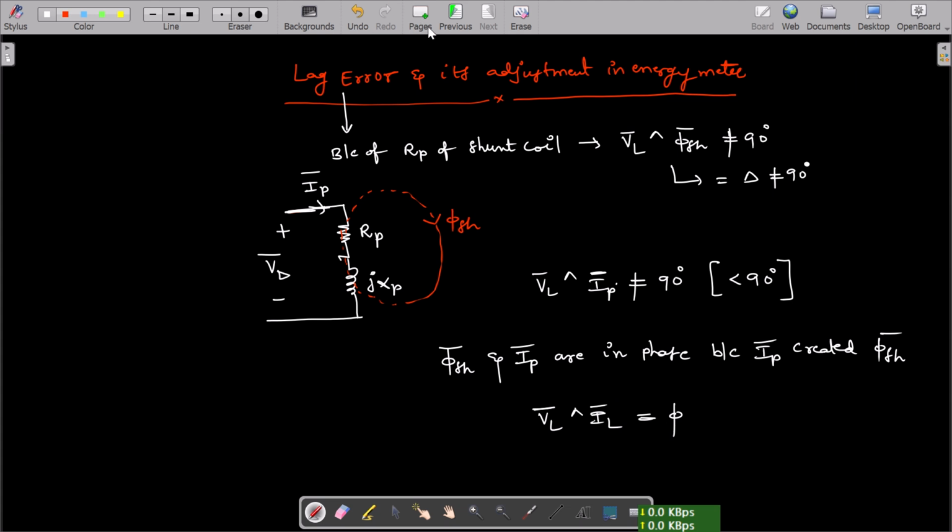Now, drawing the phasor diagram for this, how will it look? We are going to have the supply voltage, the load voltage VL, and lagging it we are going to have the load current. This is phi.